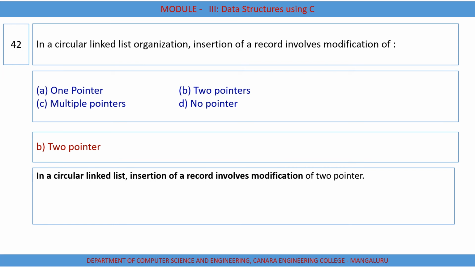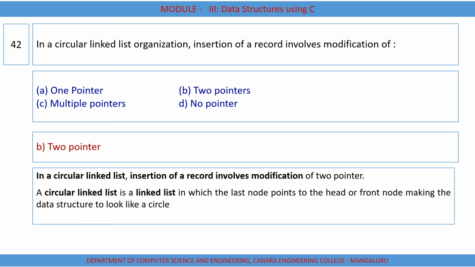In a circular linked list, insertion of a record involves modification of two pointers. A circular linked list is a linked list in which the last node points to the head or front node, making the data structure look like a circle.